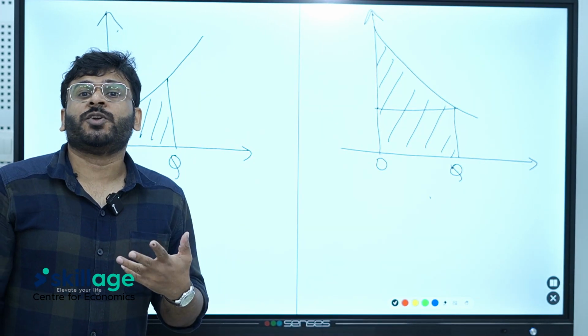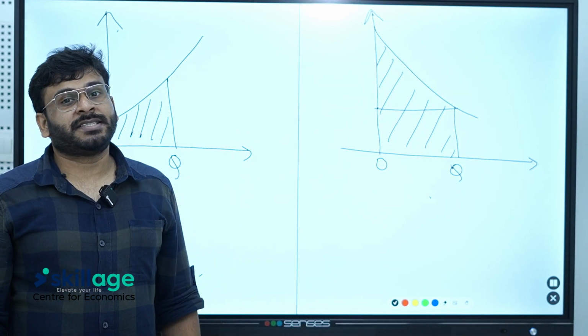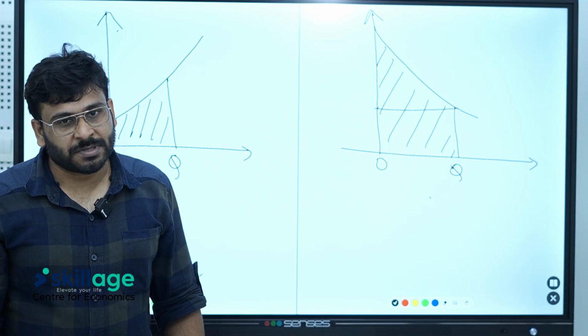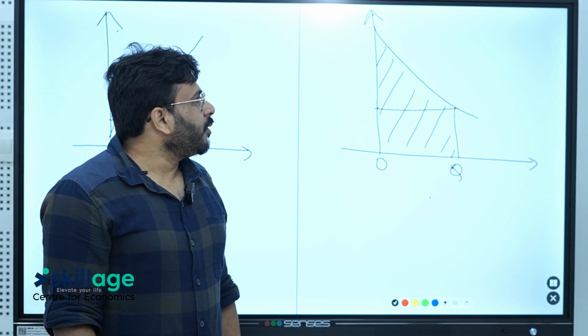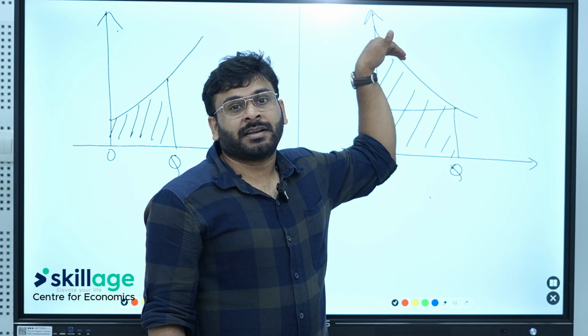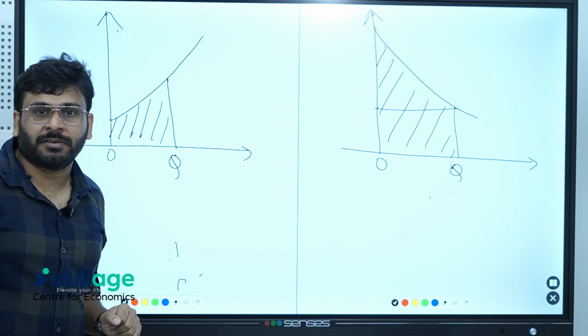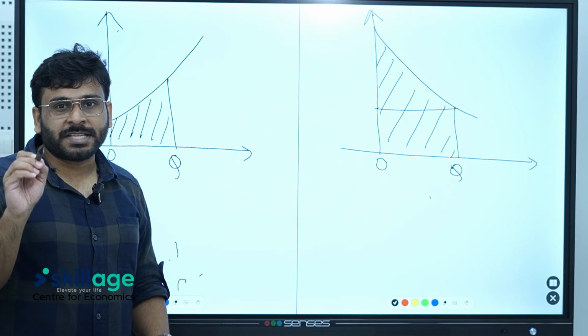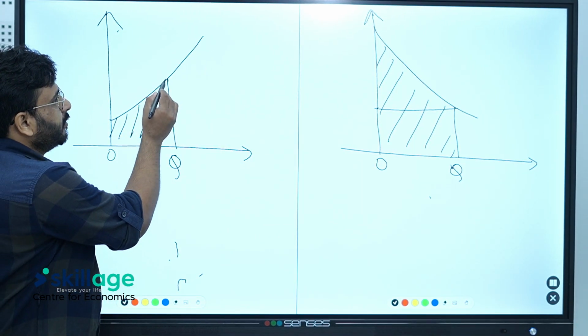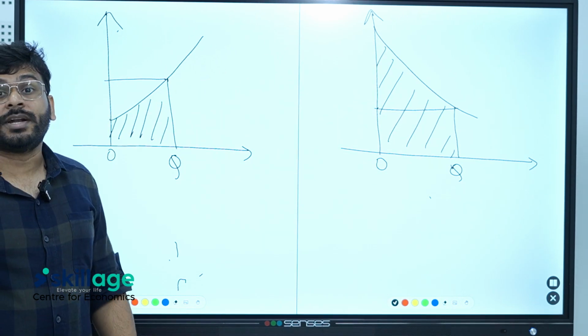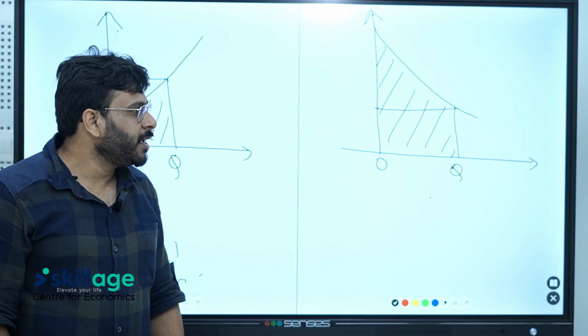Now the other thing that you would have studied in microeconomics is the idea of producer surplus and consumer surplus, right? Now if you take this as a demand curve, downward sloping demand curve, and this as an upward sloping supply curve, right? So producer surplus will be defined where it meets the quantity demanded, right?